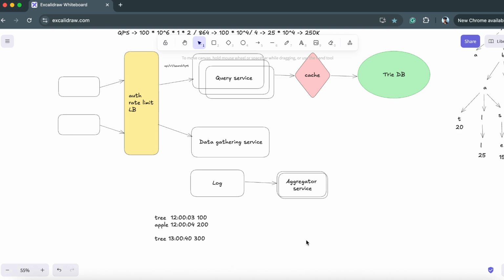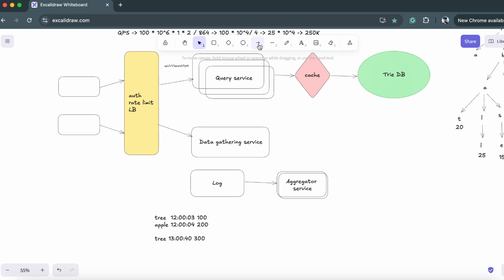It completely depends on the information that we require, how frequently we want to update this trie DB. Based on that, we will write the code in this aggregator service. If we want to update the data frequently, this aggregator service should collect the information in the most recent time, and based on that time interval, it will keep on adding this information, like how many times a particular word has appeared.